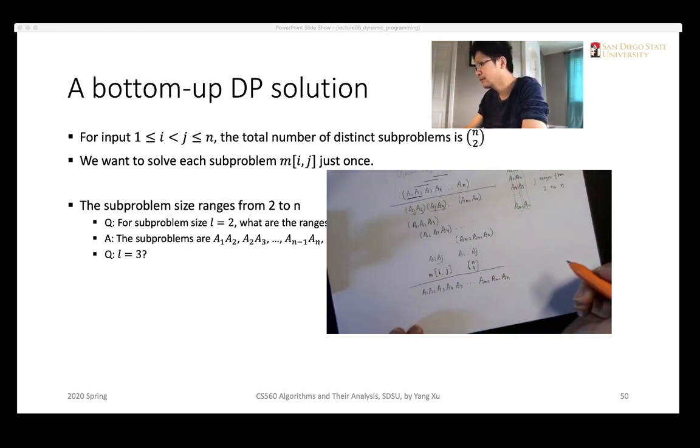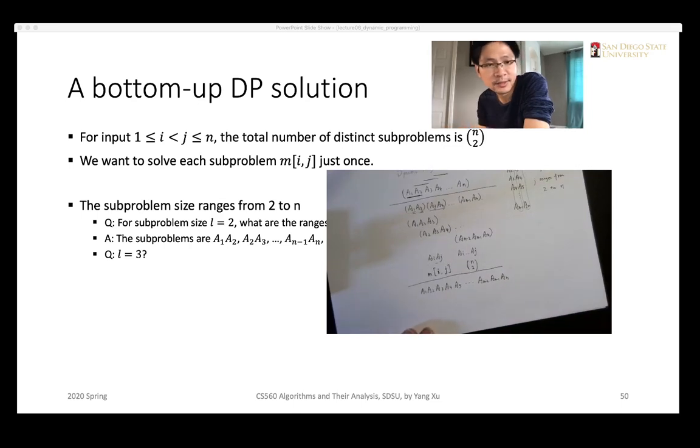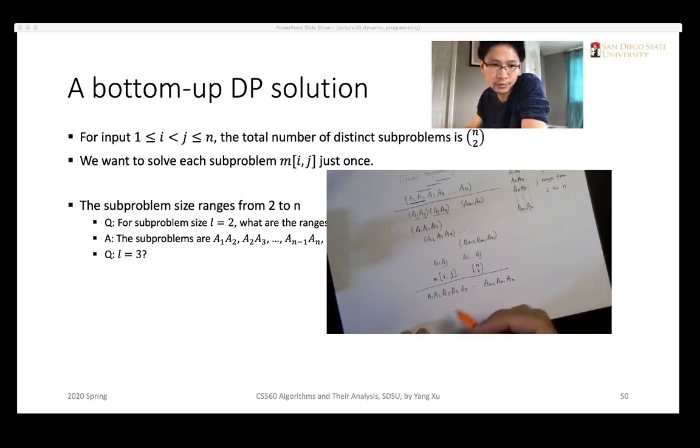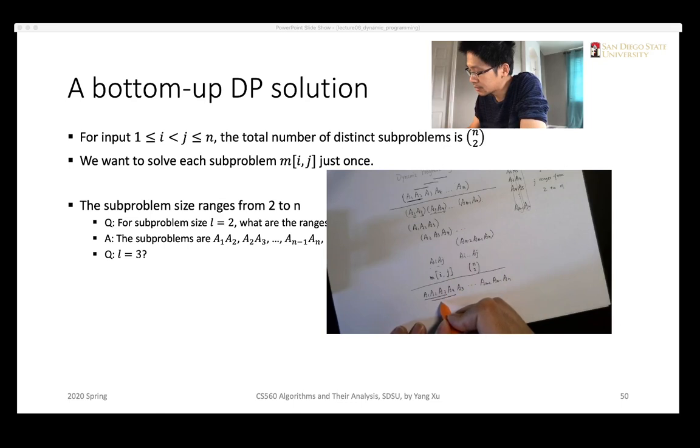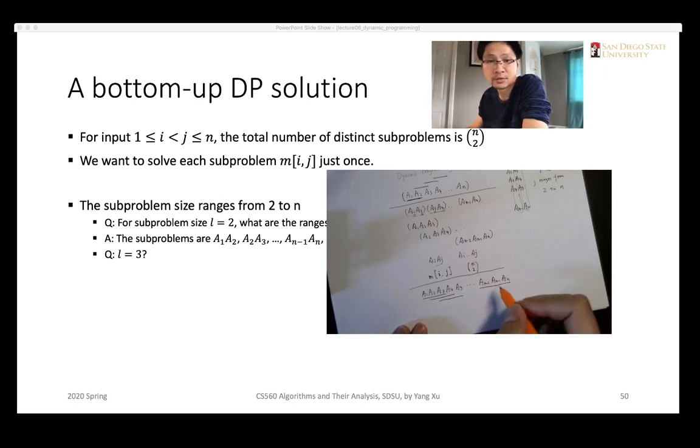If we want to solve all the subproblems of size 3, we will start with the initial position at A1 times A2 times A3. The second subproblem of size 3 is A2, A3, and A4. The third subproblem is A3 times A4 times A5, and so on. The last problem will be A(n-2) times A(n-1) times An.